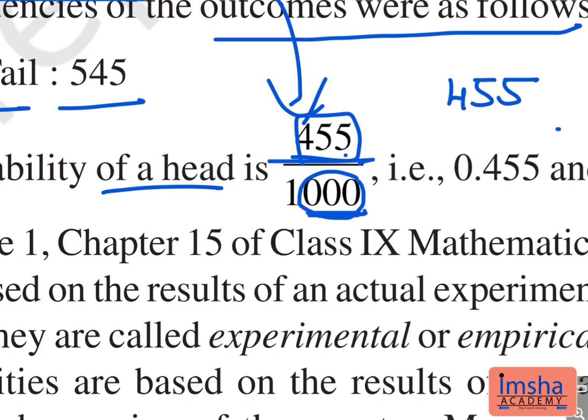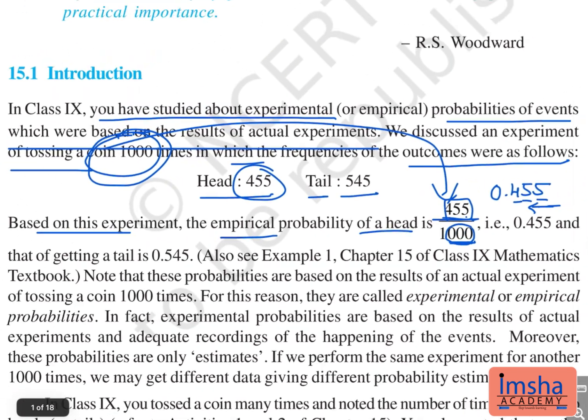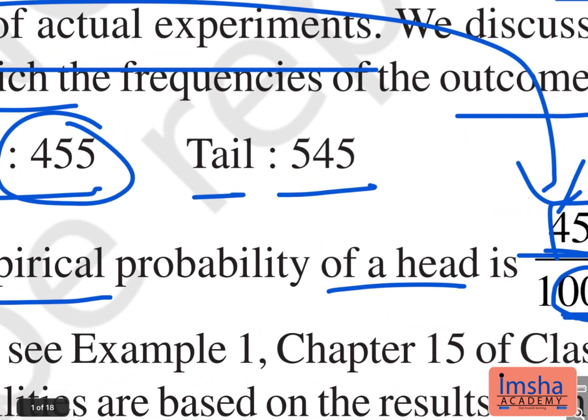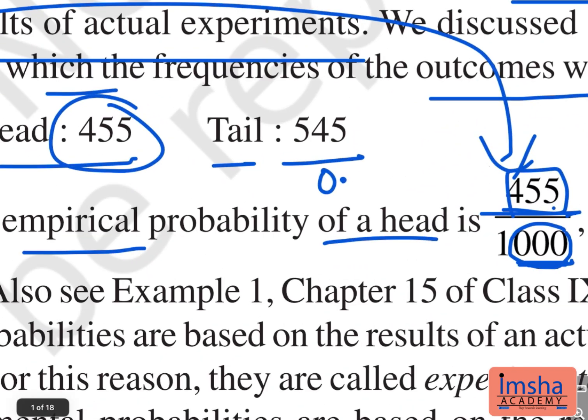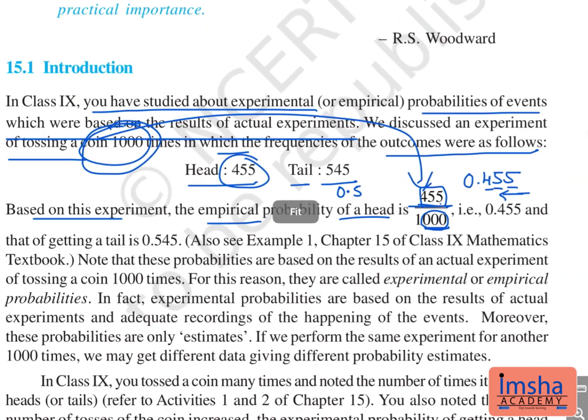The digits are counted from right to left. So 1, 2, 3, here I'll add the point, so 0.455. Similarly, the probability of the tail will be 0.545.